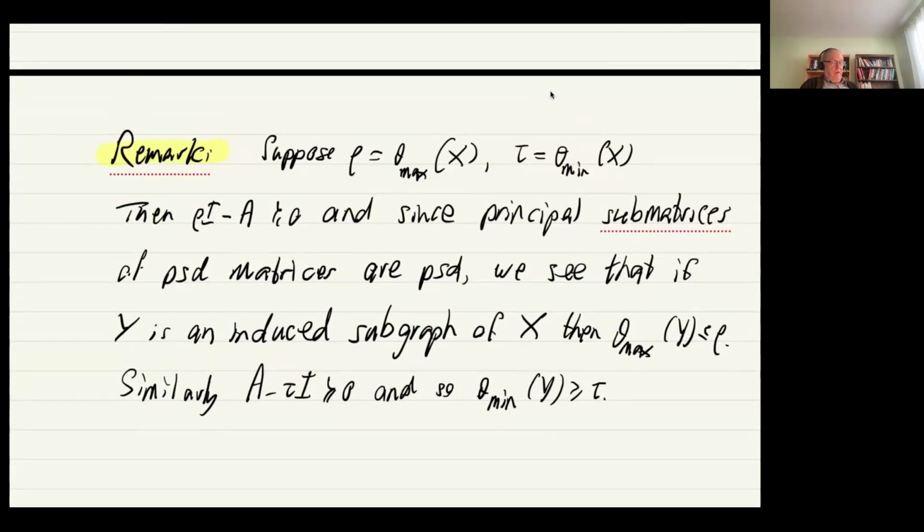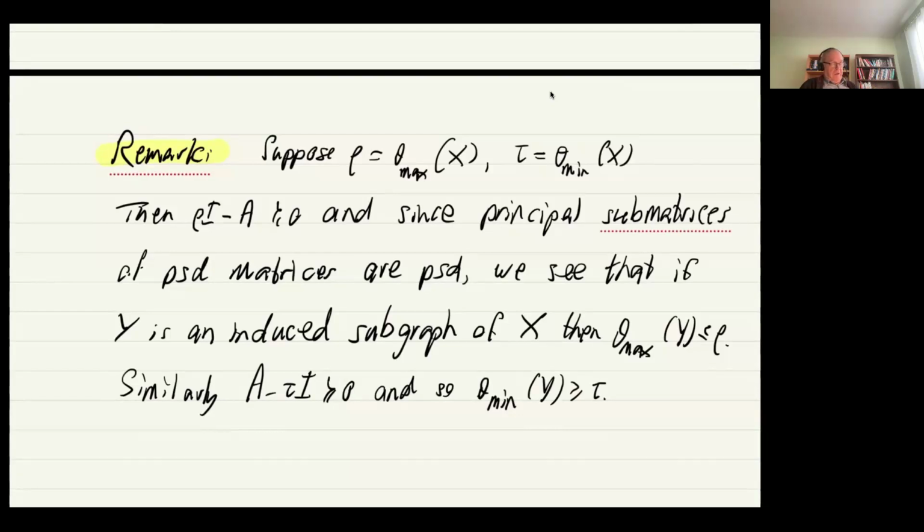So suppose I've got a graph x, and I'm using rho for the largest eigenvalue and tau for the smallest eigenvalue. Then the matrix rho I minus A is a symmetric matrix, and all its eigenvalues are non-negative, so it's positive semidefinite. And since principal submatrices of positive semidefinite matrices are positive semidefinite, we see that if y is an induced subgraph of x, then theta max of y is less than or equal to rho.